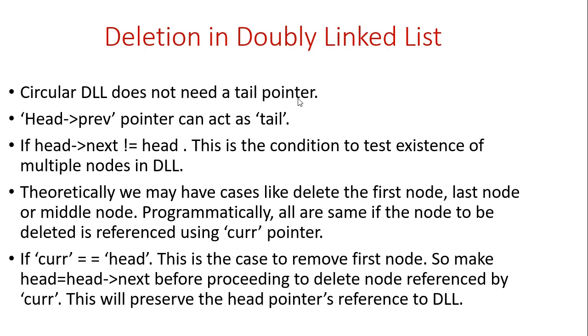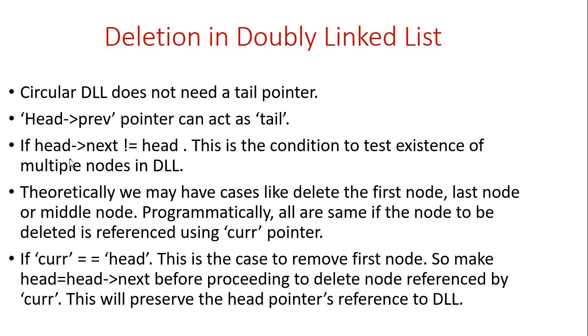But in a doubly linked list, when you use head previous, this pointer will reference the last node, the node previous to the head node. So you could treat that as a tail.